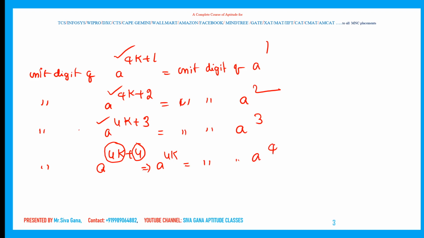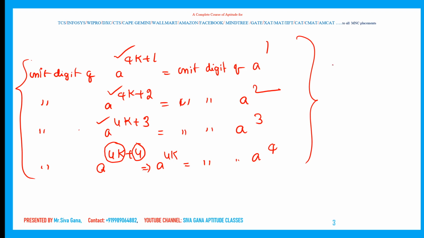This is a very, very important slide. What are the unit digits? To what are these equal? We need to concentrate on the power. As the generic cyclicity of any digit is 4, that is the reason I am taking powers as 4k plus 1, 4k plus 2, 4k plus 3 and 4k plus 4.